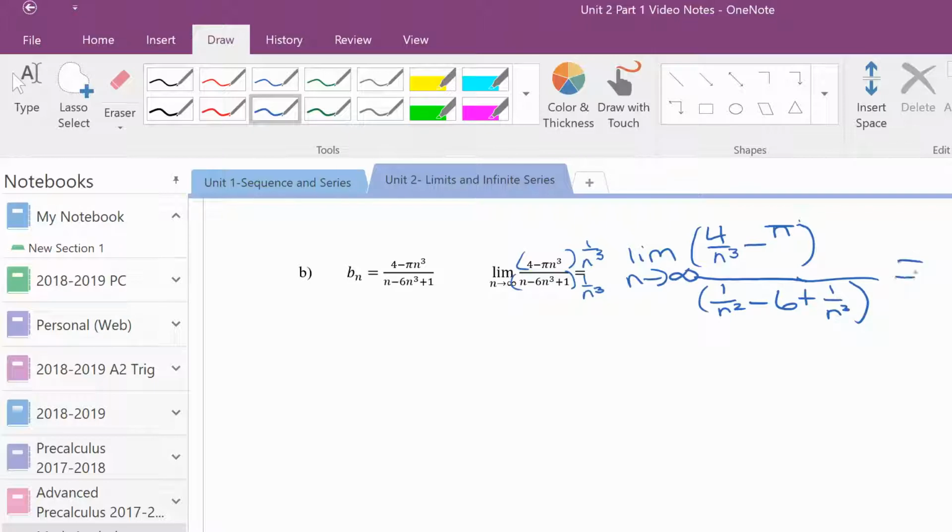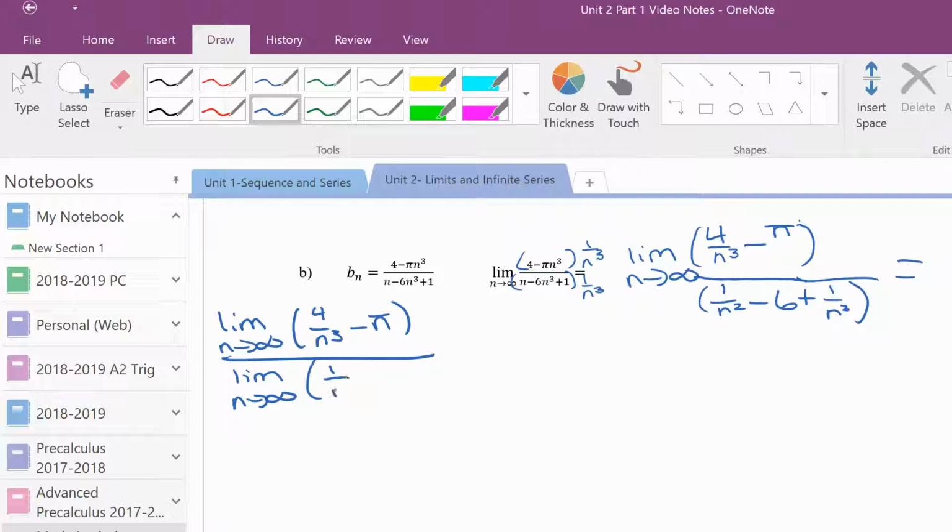Equals. So now we can split it up into the limit as n approaches infinity of 4 over n to the third minus pi divided by the limit as n approaches infinity of 1 over n squared minus 6 plus 1 over n to the third, equals, and now we can take the limit of each term individually.